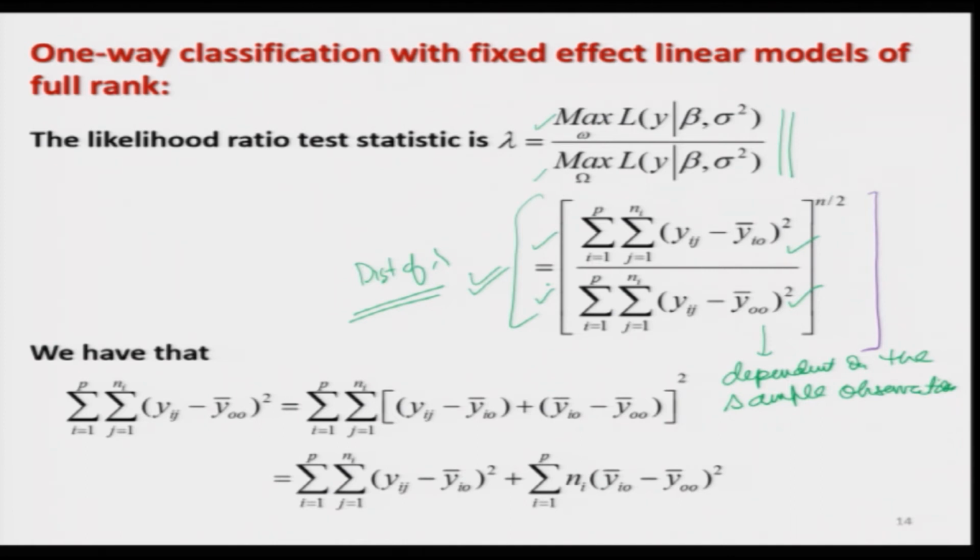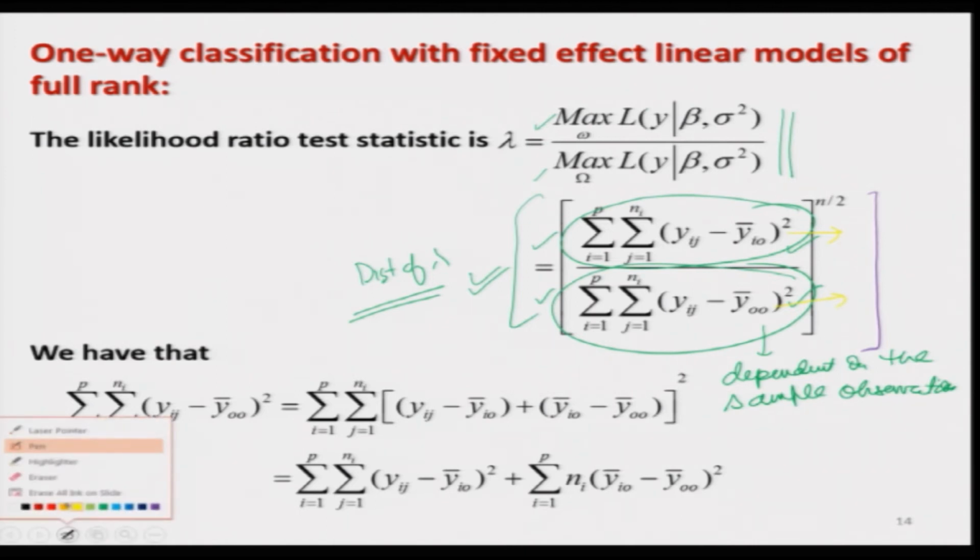Now, if you ask me, I can give you a hint. Can you see the term in the numerator and in the denominator? You can see that these terms are going to be like quadratic forms.